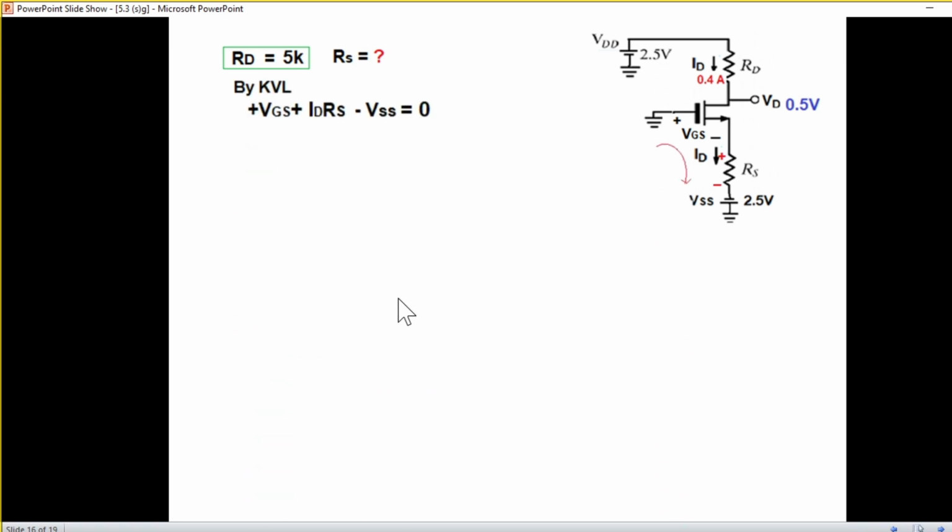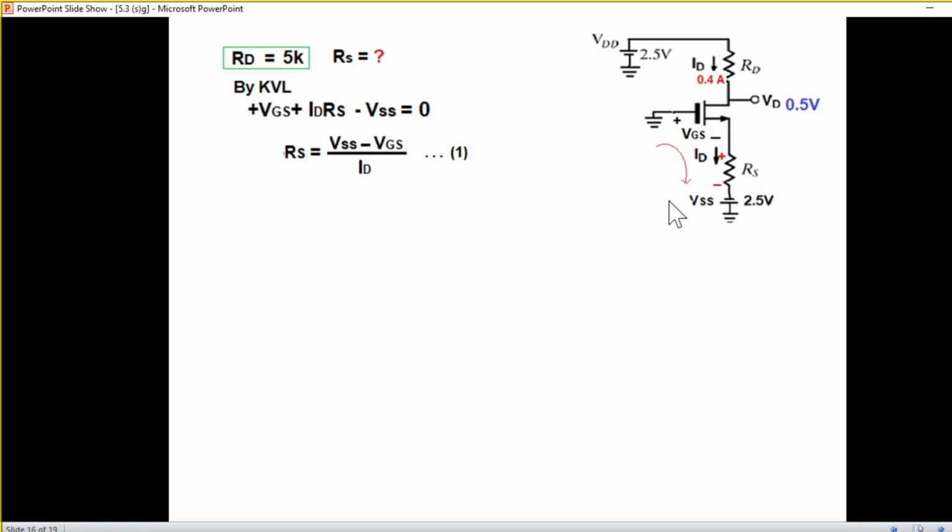Now, how to find RS? First of all, let's write the KVL where RS is present. So we'll write KVL in this loop. So plus VGS plus IDRS and minus VSS equals 0. And so RS is VSS minus VGS over ID.